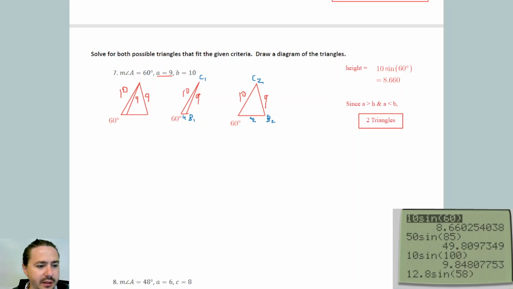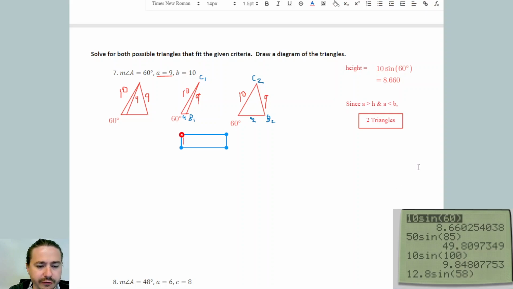So I'm going to make a little answer key here, so I can keep track of everything that I need to find. I need to find angle B1, angle C1, and side C1.